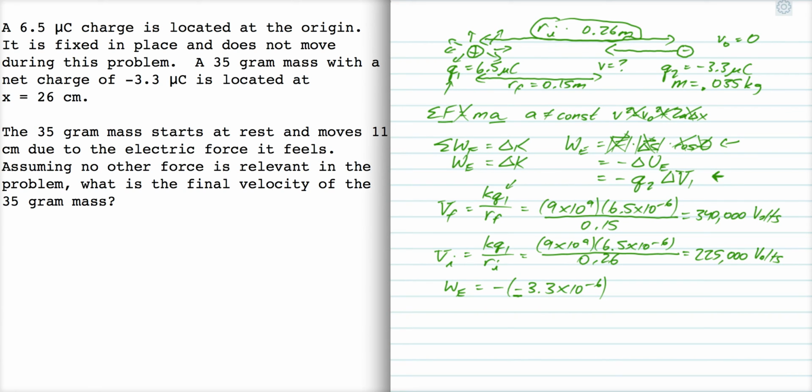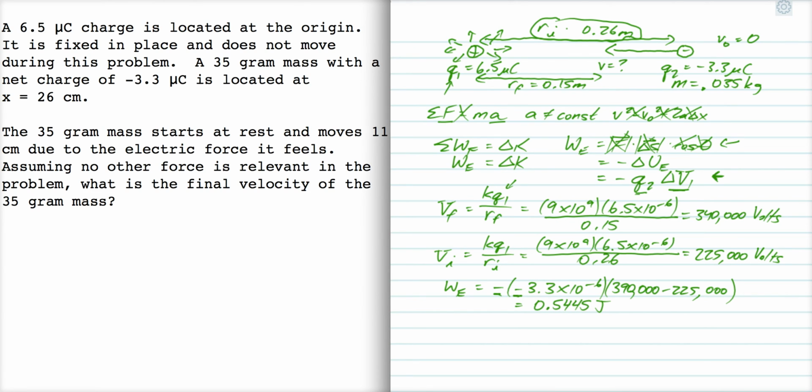We've got to take into consideration all of the positive and negative signs. Q2 is negative, we got to include that in there. And so this negative and that negative are going to cancel out. So then VF minus VI is 390,000 minus 225,000. So that calculates out to be 0.5445 joules.